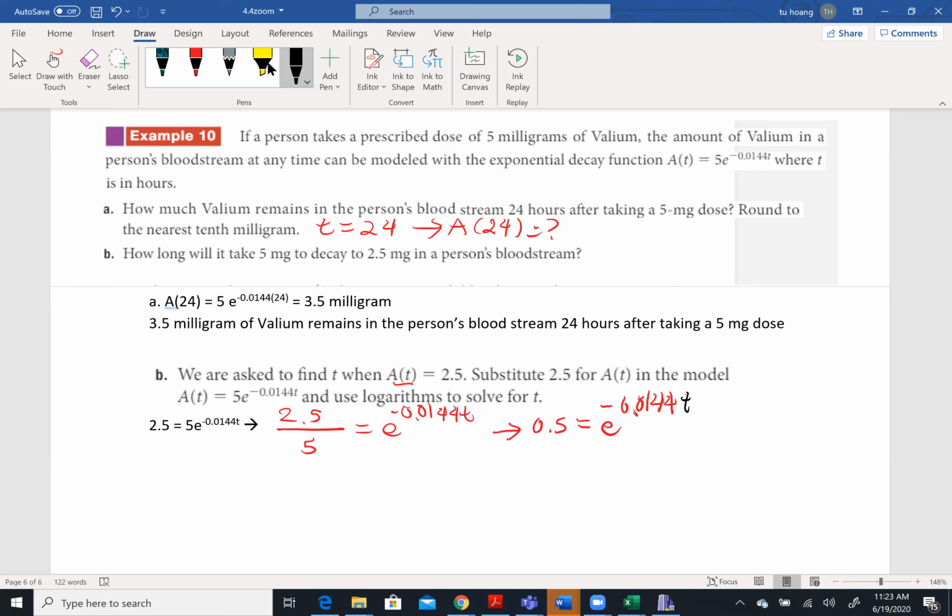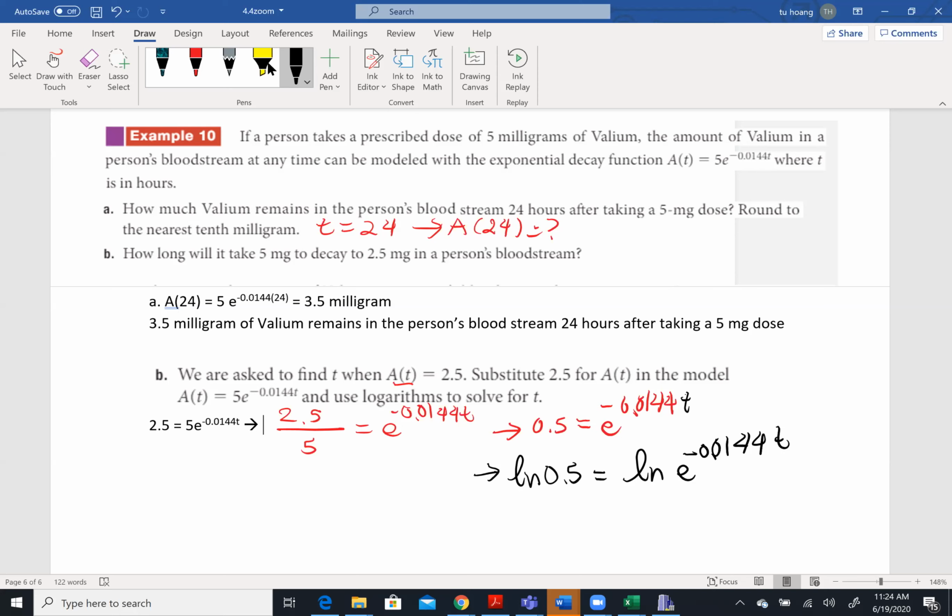Okay, so natural log both hand sides. I have ln of 0.5 equal to ln of e to the negative 0.0144 t.